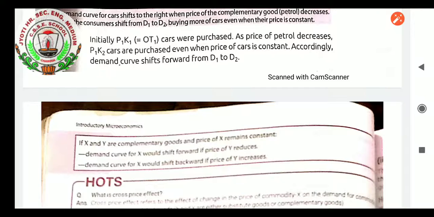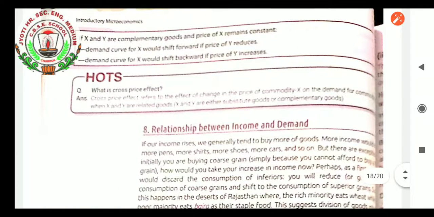An important question: what is the cross price effect? Students, it is when the price of one of the related goods changes, it results in a change in the demand for the other good also. Either it will increase or it will decrease.